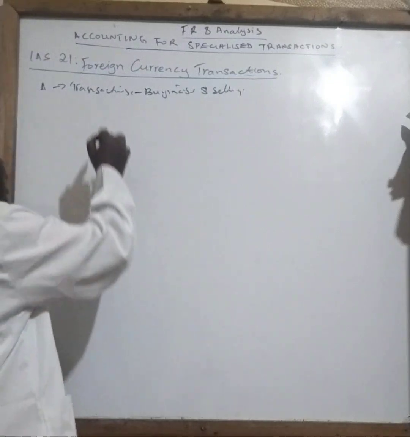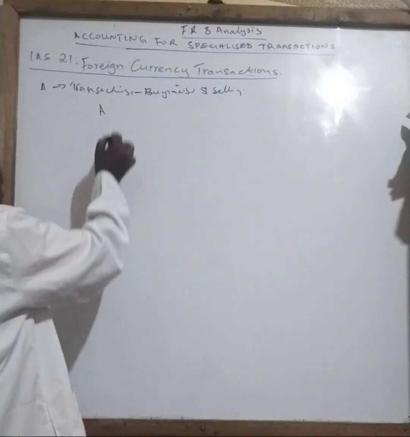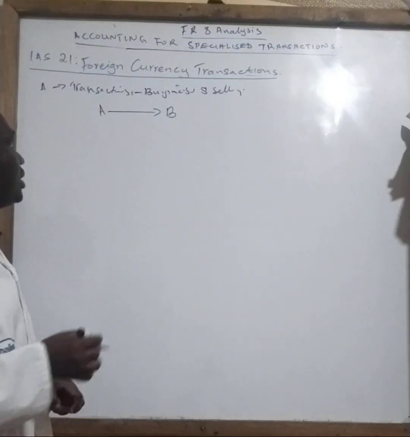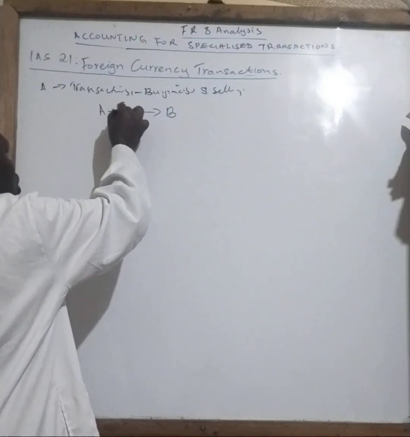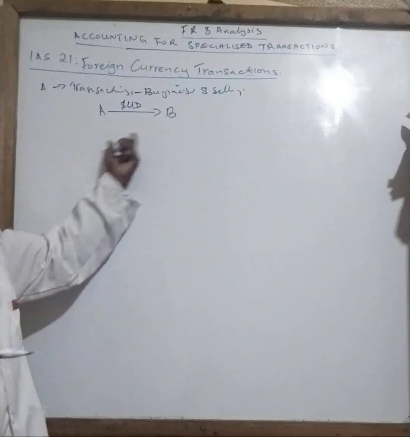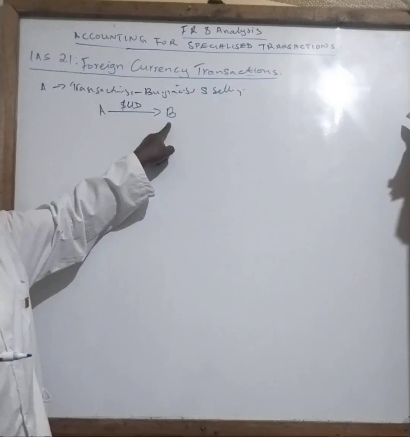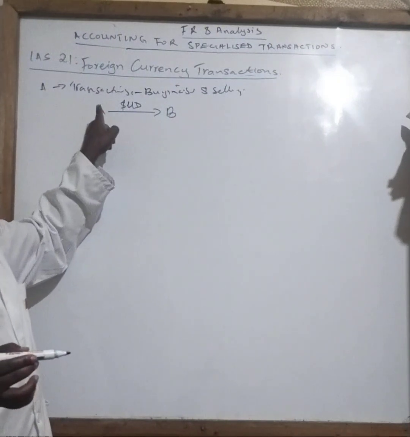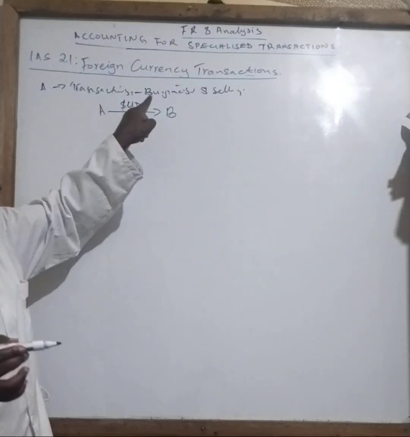For example, country A, that is Kenya, buys goods from country B, and these goods bought from country B are priced in US dollars. That is the purchase. Company A, that is Kenya, will now buy the goods in US dollars.